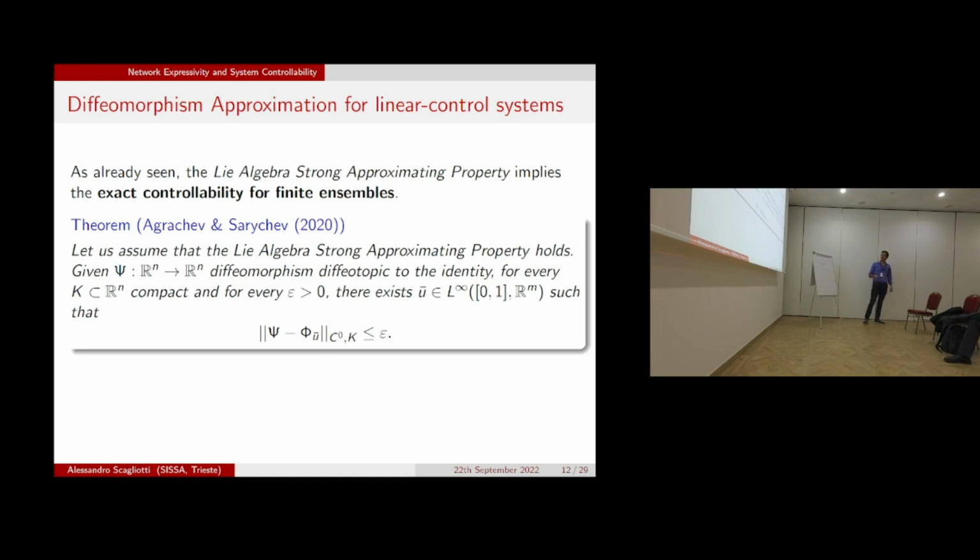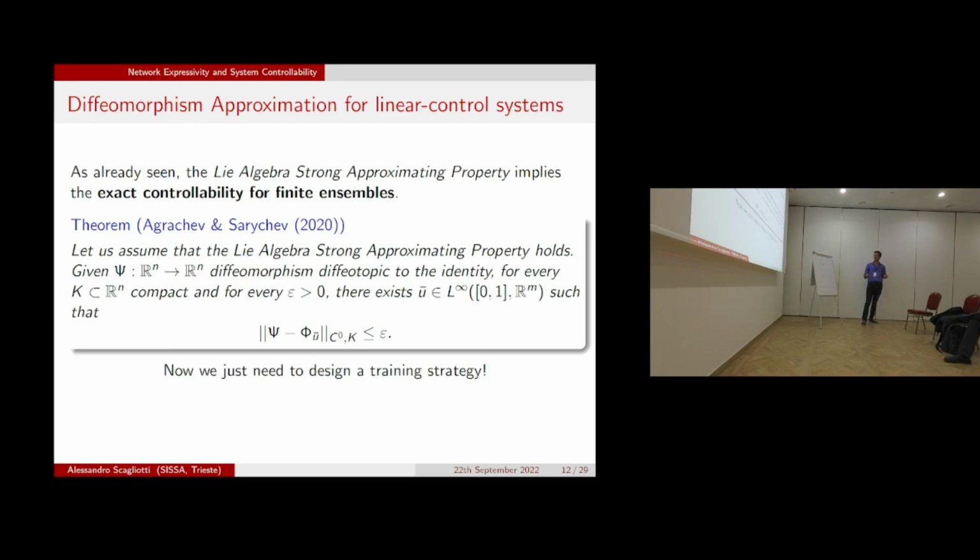What does it mean to be diffeotopic to the identity? It means that it can be realized as a flow of a dynamical system. So in other words, with a proper choice of an admissible control, we can replicate the action, the final time action, this is important, of any other dynamical system.